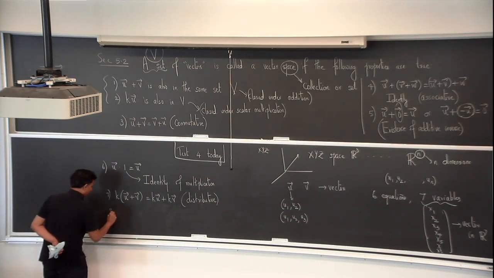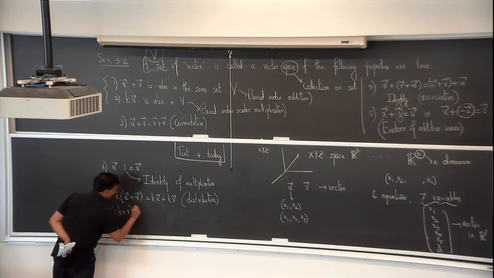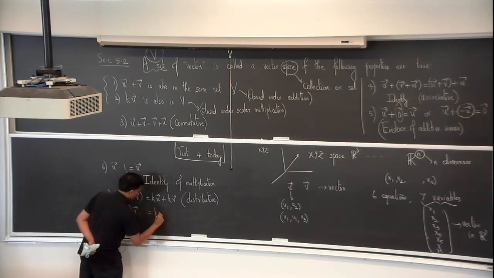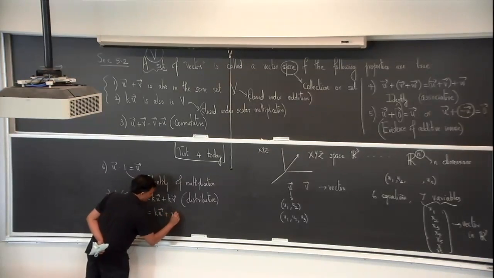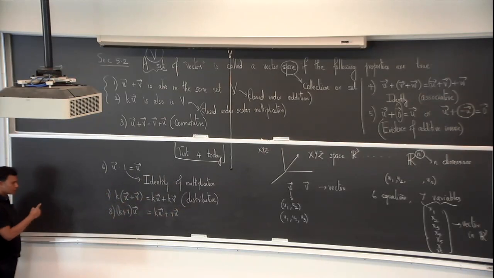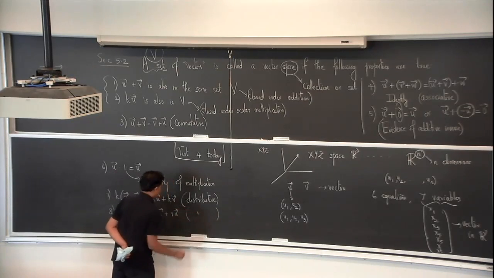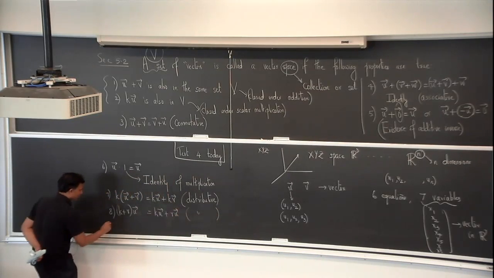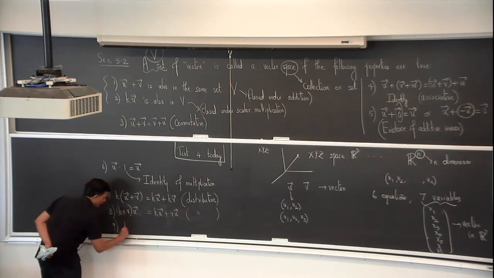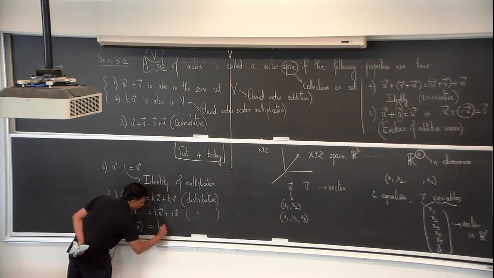And similarly, if you have two scalars, say k plus r times u, that's equal to k times u plus r times u. So the distributive property works for one scalar, two vectors, or two scalars and one vector. Number 9, if you have k times r times u, that's equal to k times r times u.